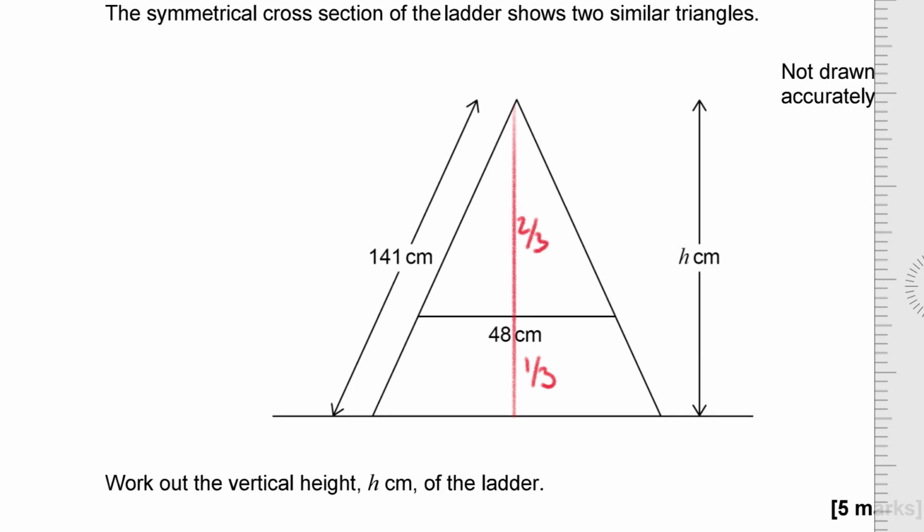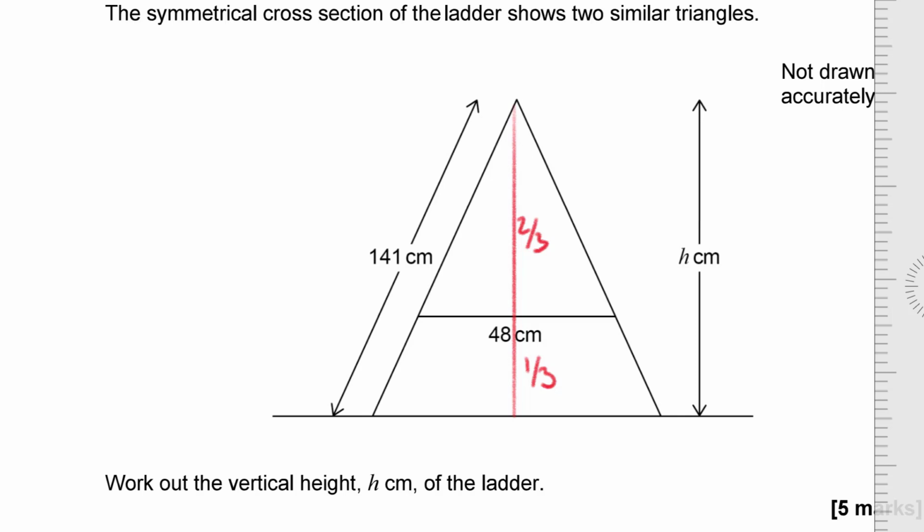So that tells us the ratio then of these two similar triangles. Then you've got two similar triangles here, and if they are 1/3 and 2/3, then they're in the ratio of 2 to 3. So for every 2 units you've got in the first one, you've got 3 in the second one there.